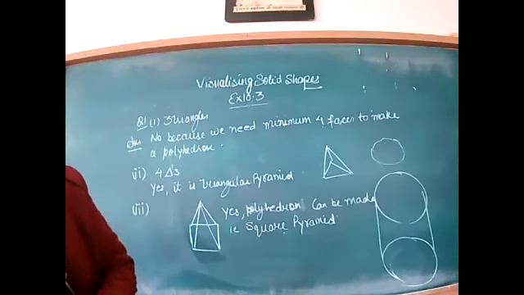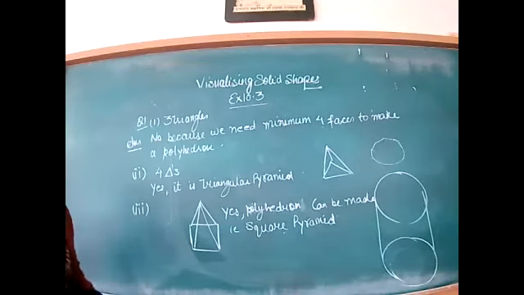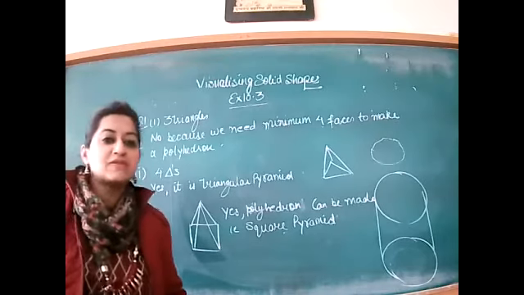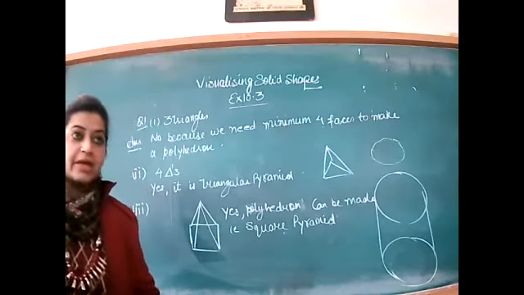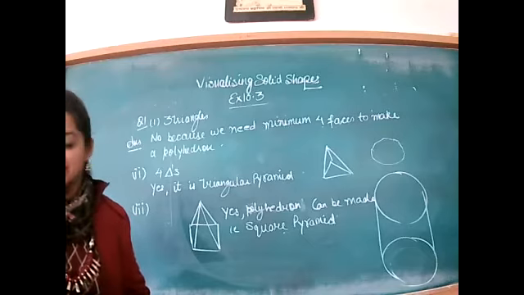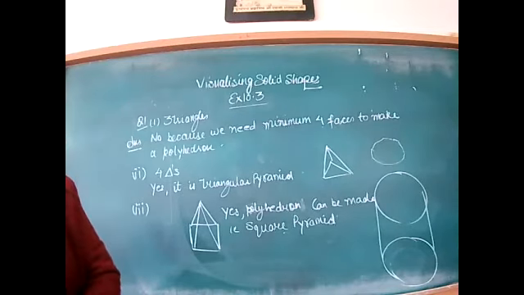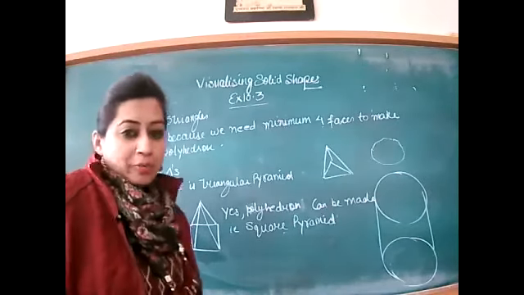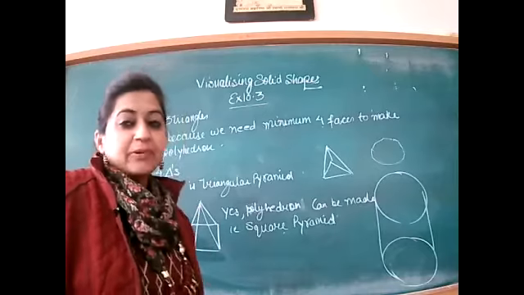You have to write a proper statement. If the number of sides in a prism is increased to some extent, then the prism will obtain the shape of a cylinder.